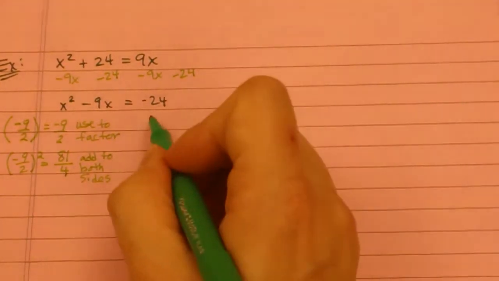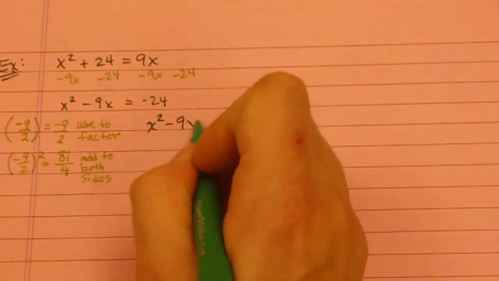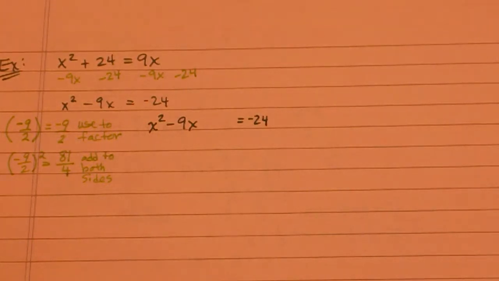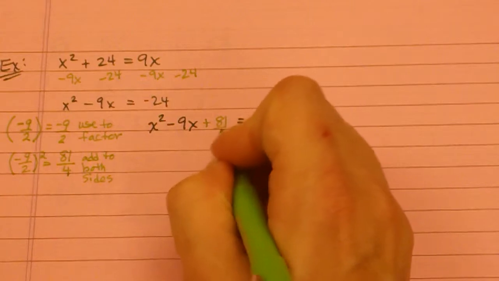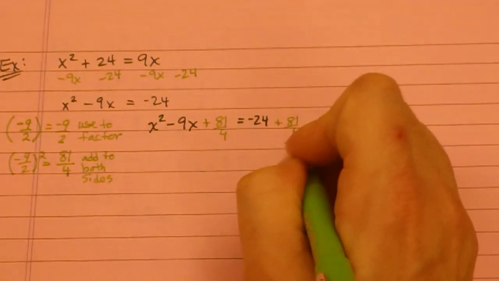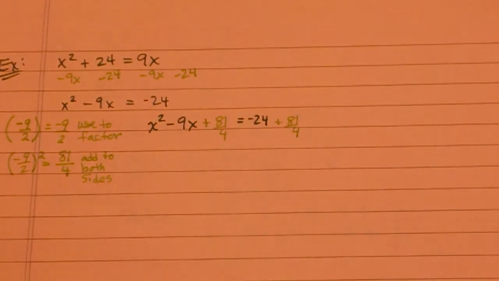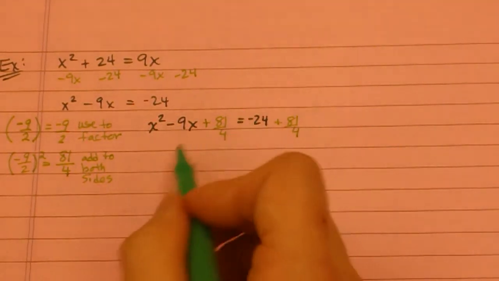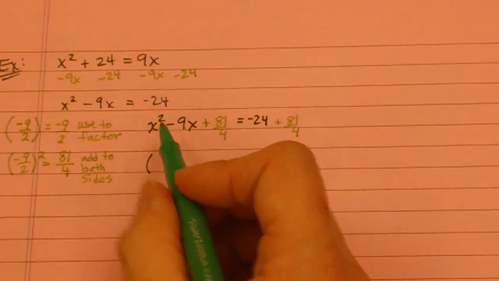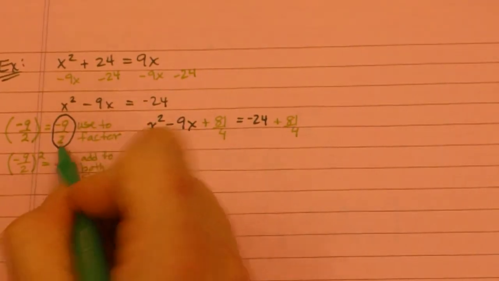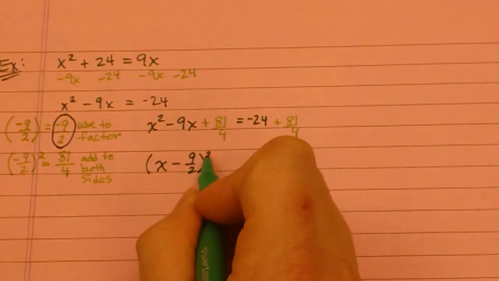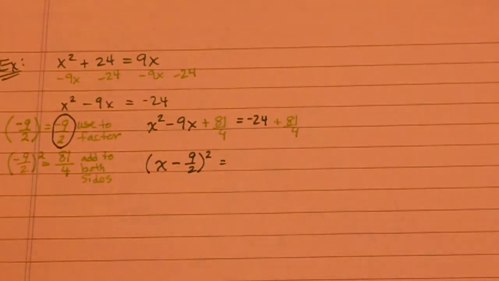So I'm going to start with x squared minus 9x, leave a gap, equals negative 24. And I need to add 81 fourths to both sides. So plus 81 fourths plus 81 fourths. Next step is to factor the left side. That factors very quickly since I have the negative 9 halves over here. So it's going to factor into x minus 9 halves squared equals.